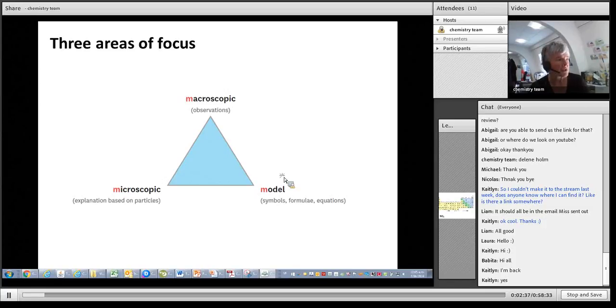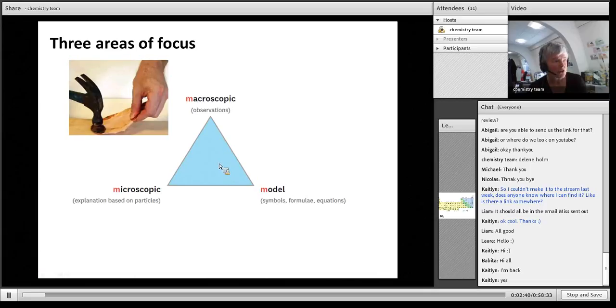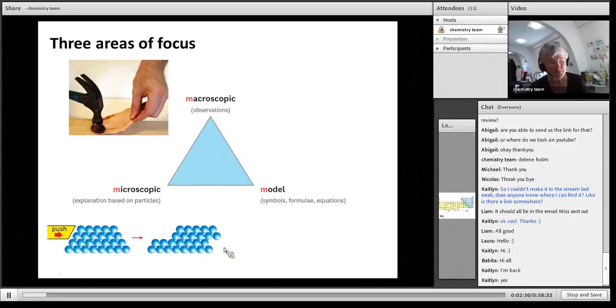As an example, gold is malleable. You can hammer it and it'll change its shape. So that's a macro property. The submicroscopic property is where we say, gold is made of a whole lot of particles called atoms, and these atoms are very tightly packed together in layers in 3 dimensions, and if I hammer on a few layers, then the layers can move over each other because the bonding is non-directional and it won't break and fall apart.